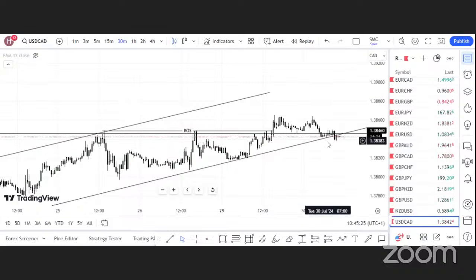But before we can actually use this as a liquidity level, the market needs to go below this. Okay, the market needs to go below this level.